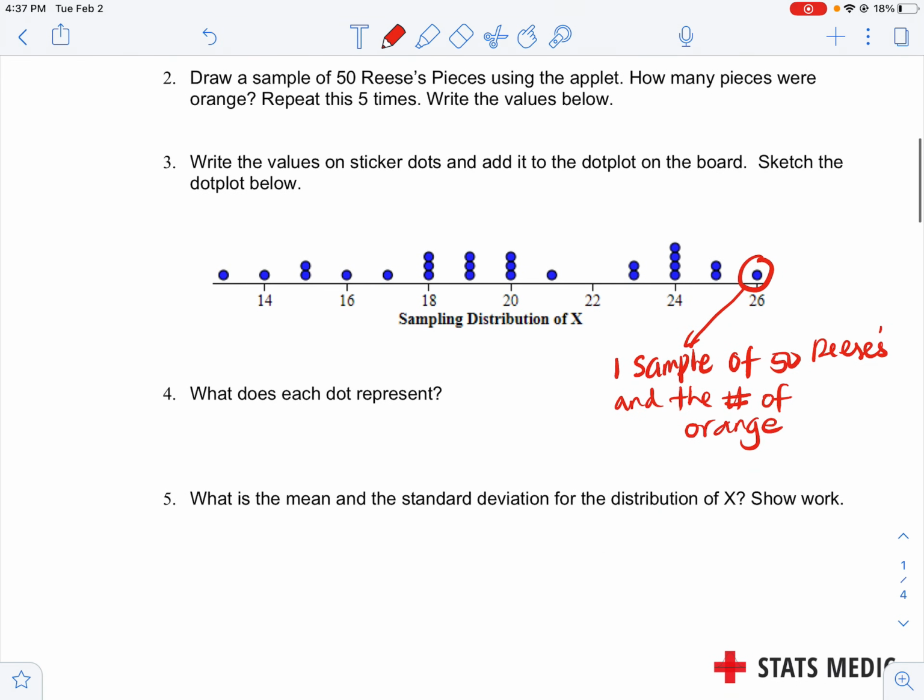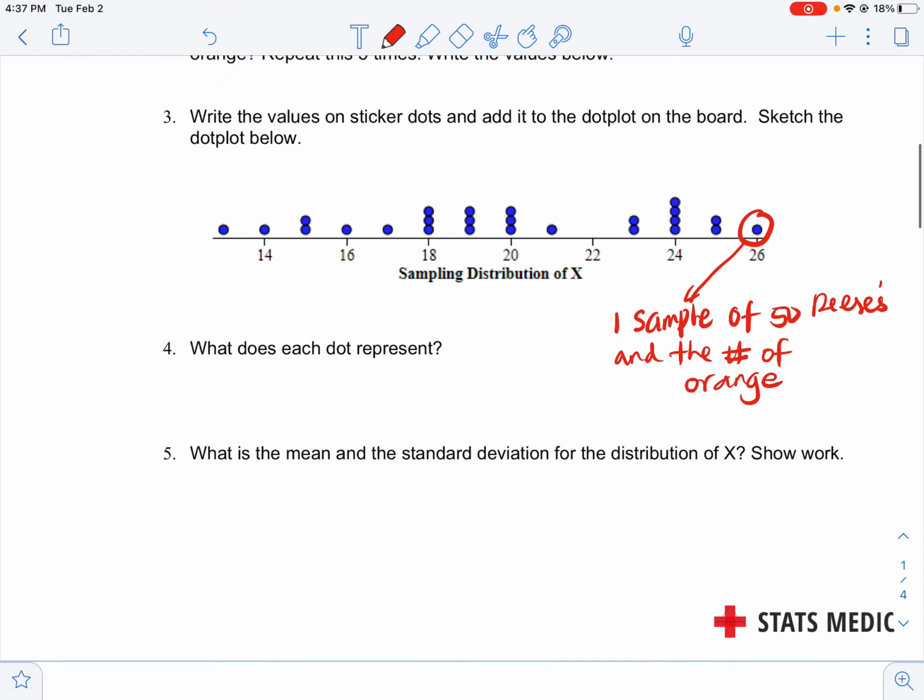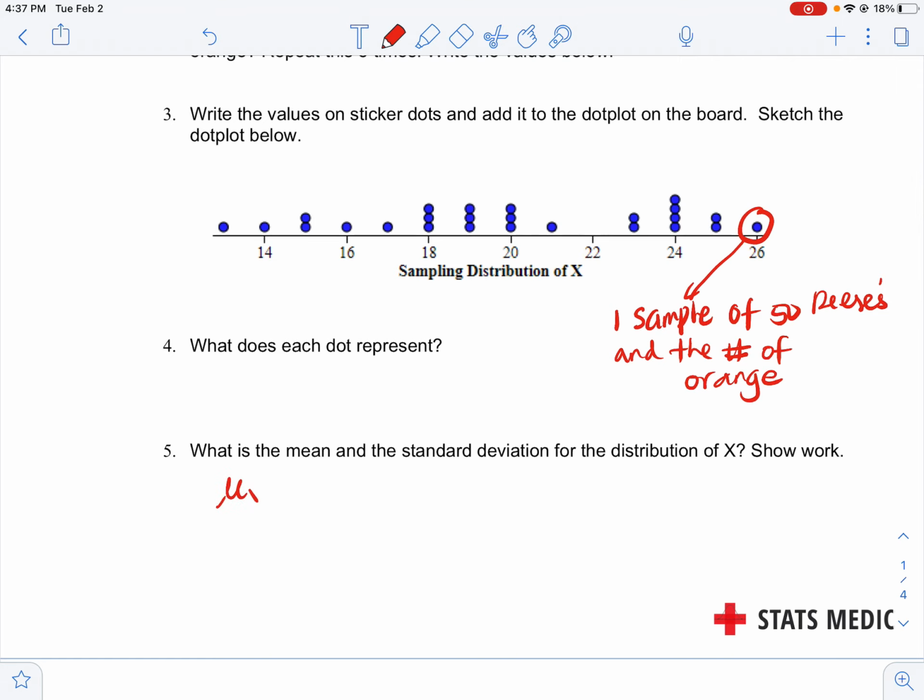What is the mean and the standard deviation of the distribution of X? We know that this is a binomial distribution, and because of that, we also know the formulas. The mean of X is N times P, and the standard deviation is the square root of N times P times 1 minus P. So NP would be 50 times 0.4, that's 20.